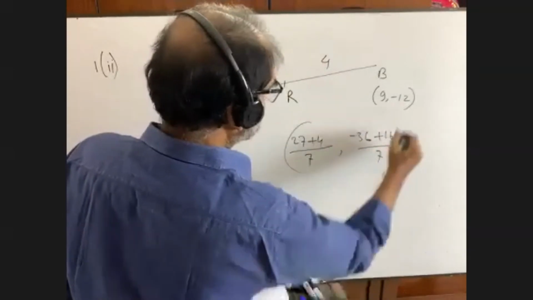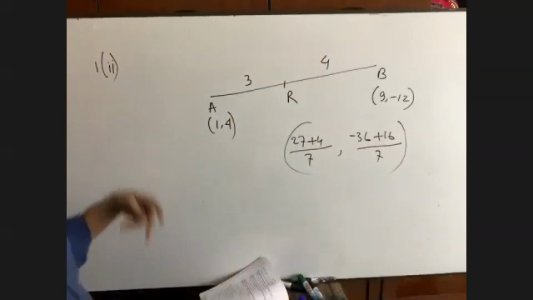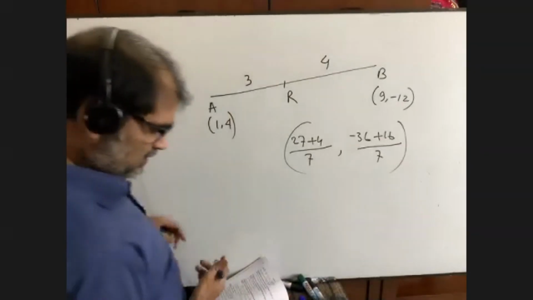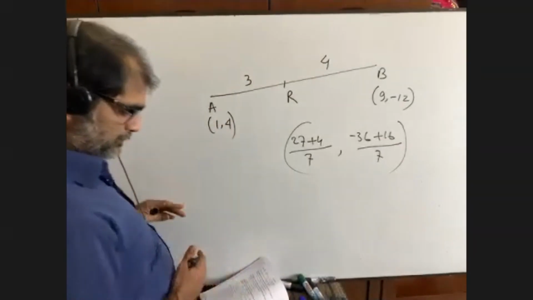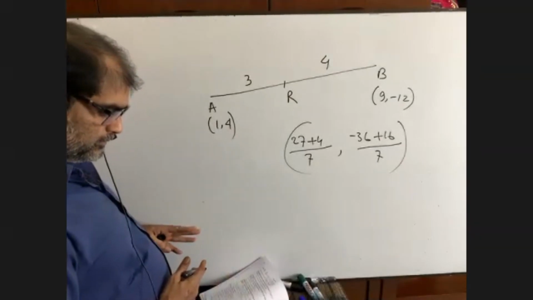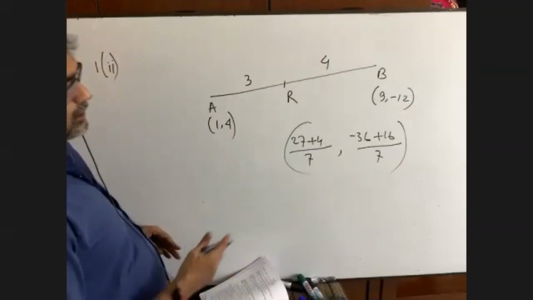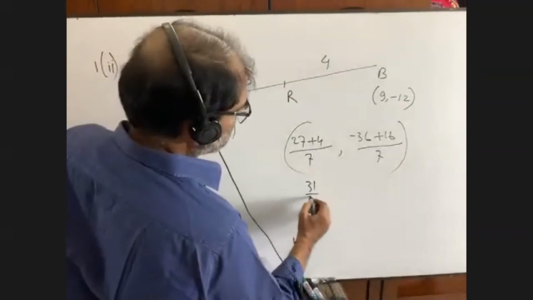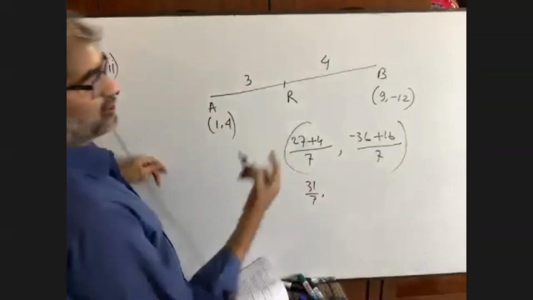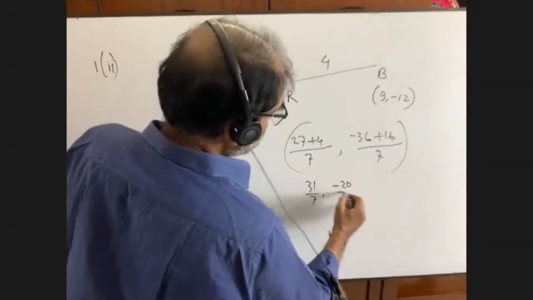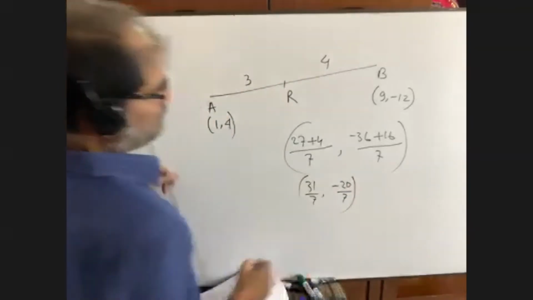So this is the answer: 31 by 7 for the first coordinate. Now the other is minus 20 by 7. So our math is done.